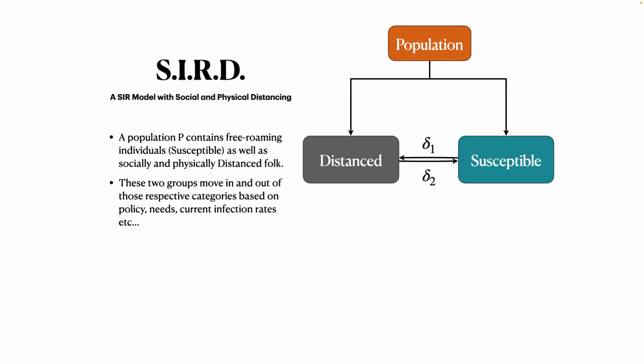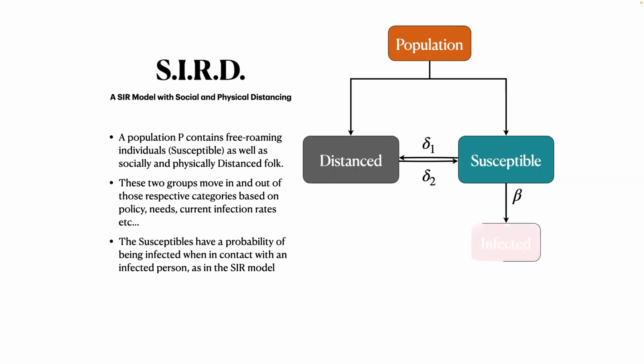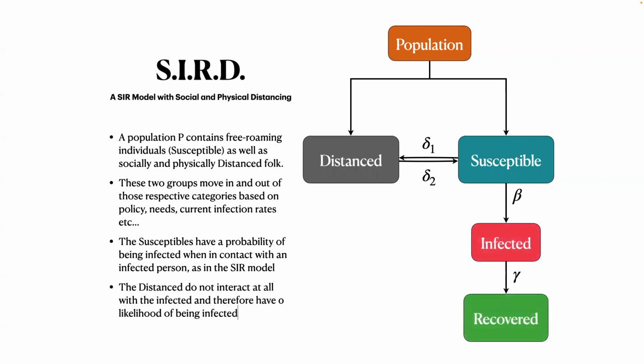So there's a group moving from susceptible to distanced, delta 1, and then moving back from distanced to susceptible because they're no longer locked down. And then the rest is similar, infected and recovered. Now, do you think you can write the ODEs for this system?